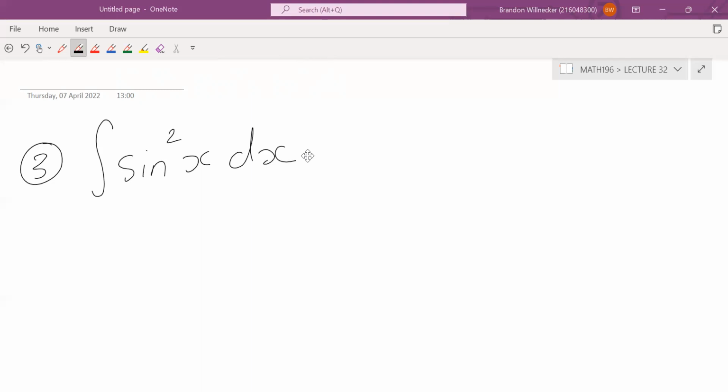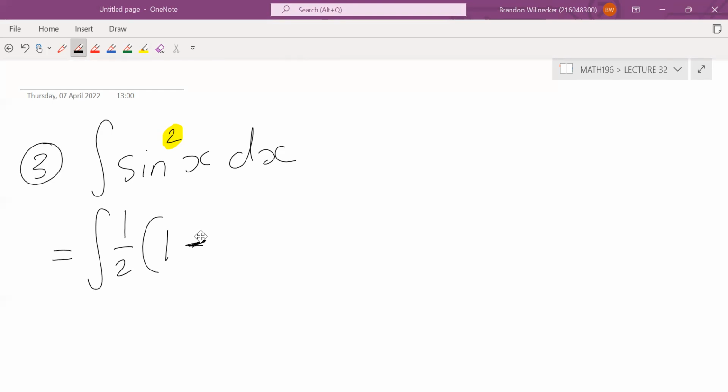This is a very nice special case because sine squared, if it's just to the power 2, we can rewrite this using the half angle formula. So this is equal to the integral of 1/2 of 1 minus... If it's sine, we put a minus. If it's cos, we put a plus.